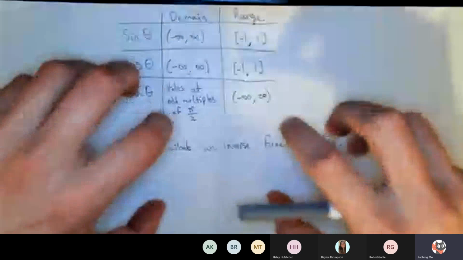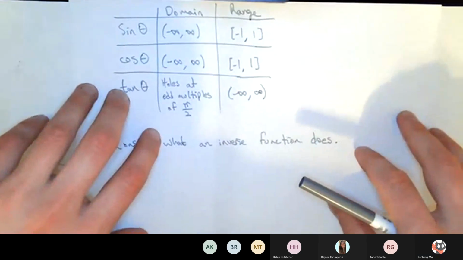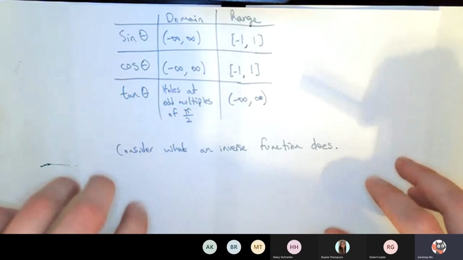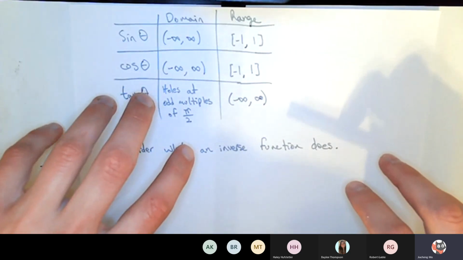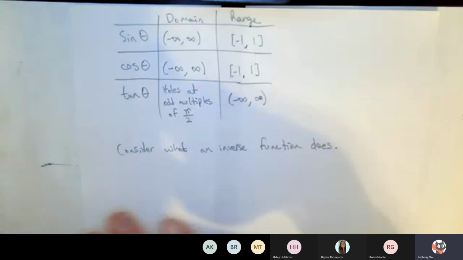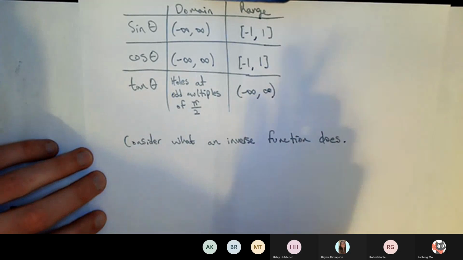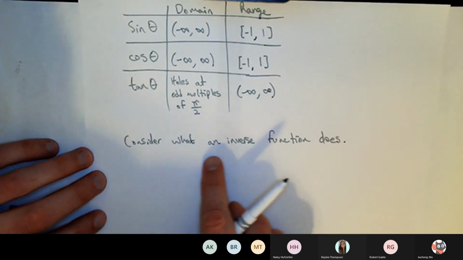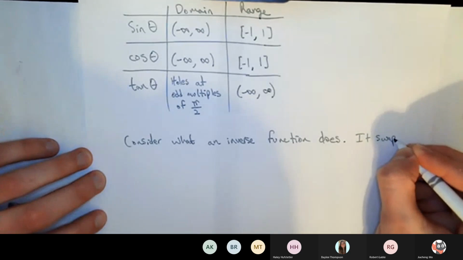So think about domain and range. What does an inverse function do to domain and range? It swaps them, right? It flips them around. Okay, so what an inverse function does, it swaps domain and range.